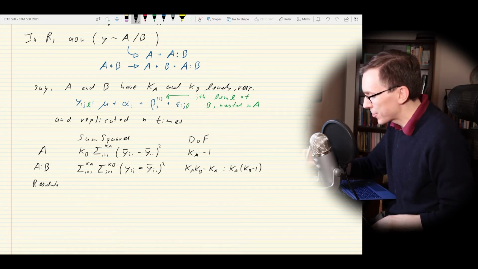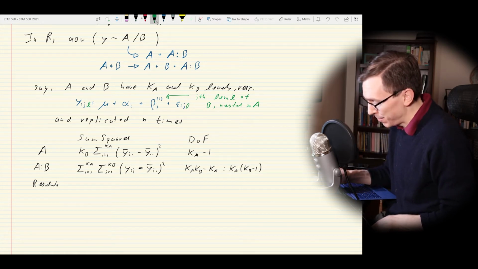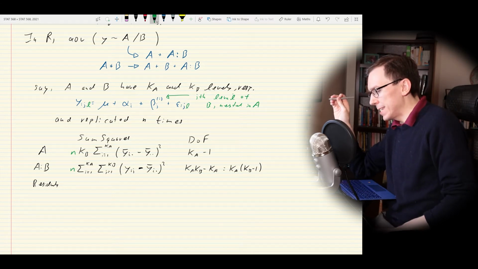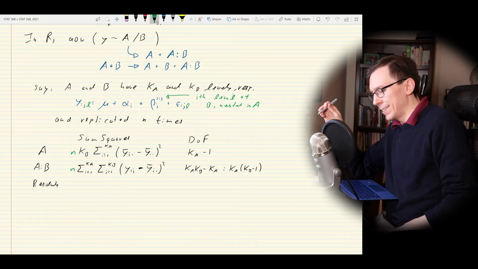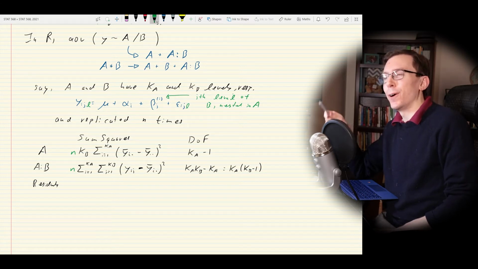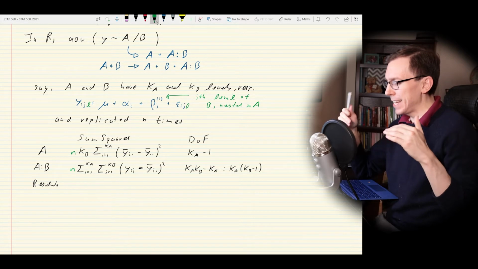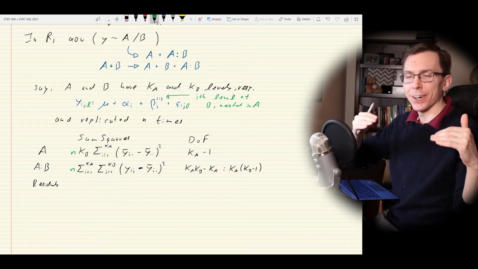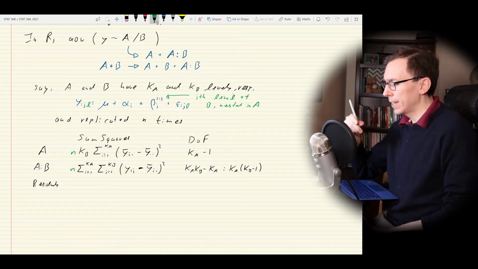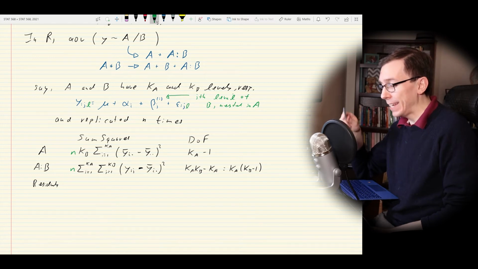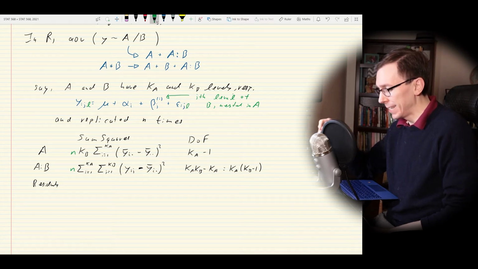But luckily we're back on track here, and what we need is to put an n in front of these guys just to indicate that we've in some sense summed over all of the replications. And again, I'm assuming that the same number of replications n occur for every combination of factor levels A and B for simplicity.